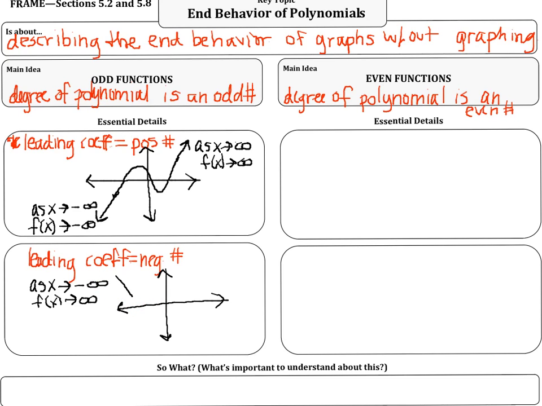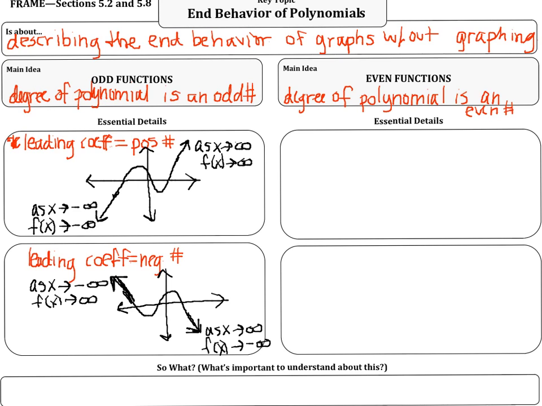So it looks something like this. And then on the other end of the graph, as x goes to positive infinity, f of x is going to go to negative infinity. So as my x increases, my function is going to go downward like this. So my end behavior over here is going to look like this. And in the middle, it's going to look something like that. That middle shape is what's going to change, but we're looking at our end behavior of our graphs here.